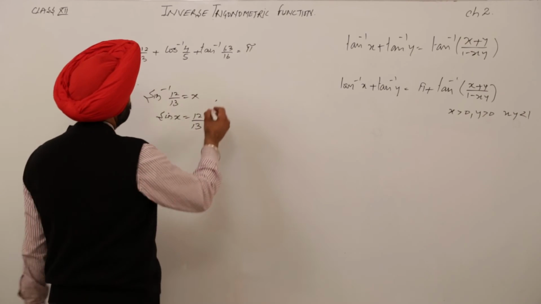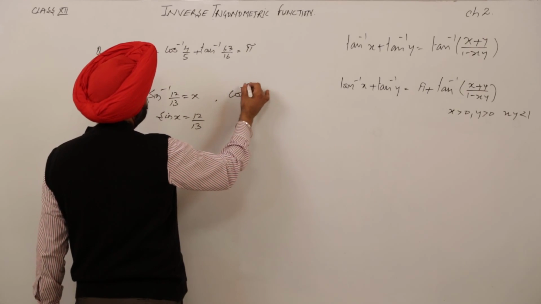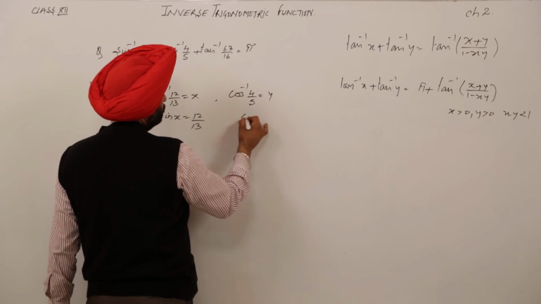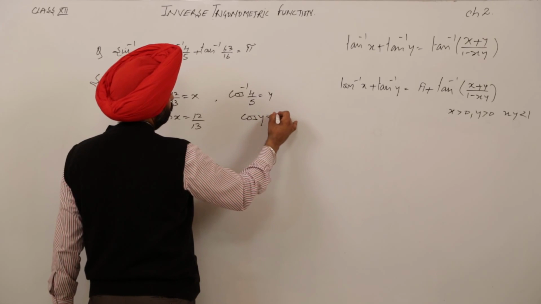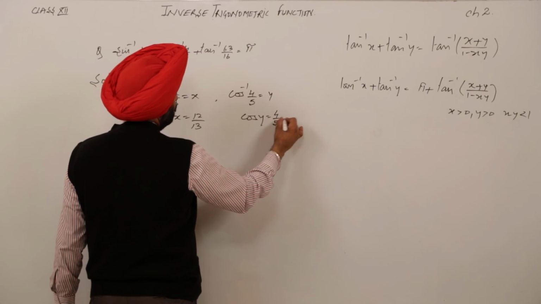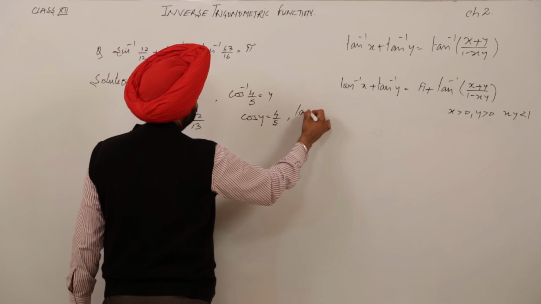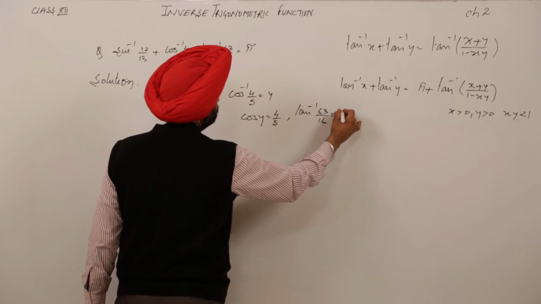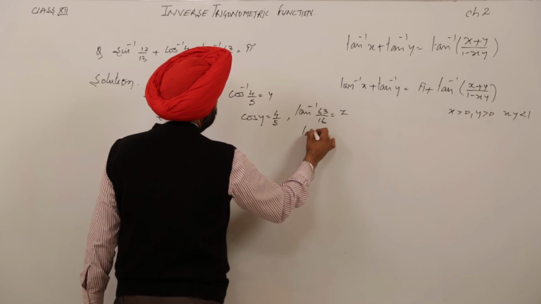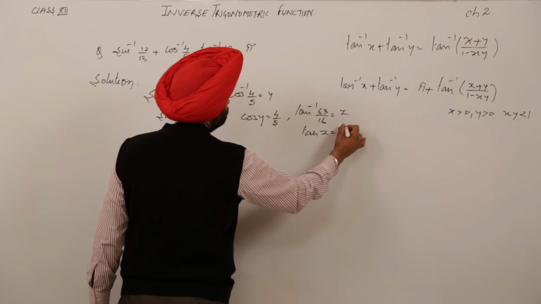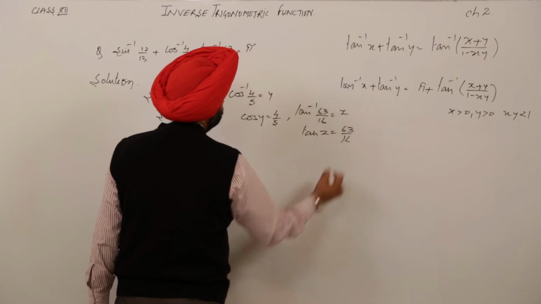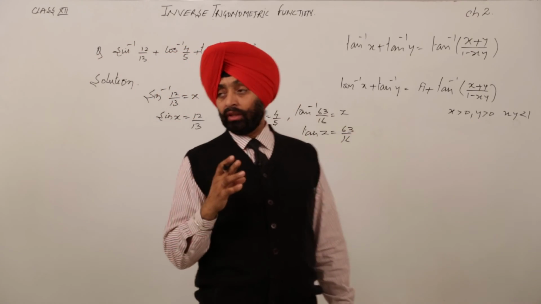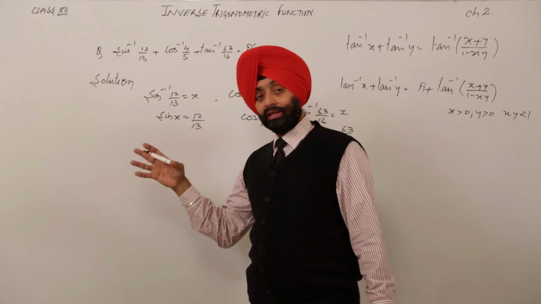Similarly for cos inverse 4 by 5, let it be equal to y, then cos y is equal to 4 by 5. And lastly tan inverse 63 by 16 is equal to z, and tan z is equal to 63 by 16. Now let's convert sin x and cos y into tan x and tan y.